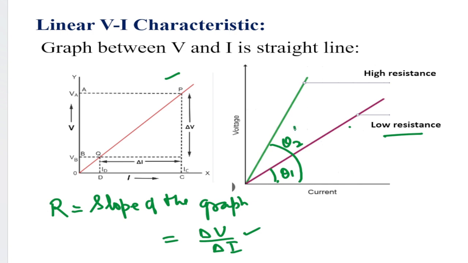For example, theta 2 is greater than theta 1, so the slope at theta 2 is more than this. So the resistance of wire A is more than the resistance of wire B.